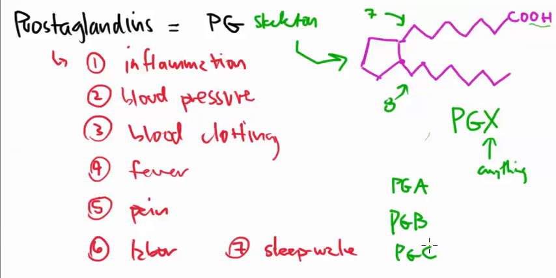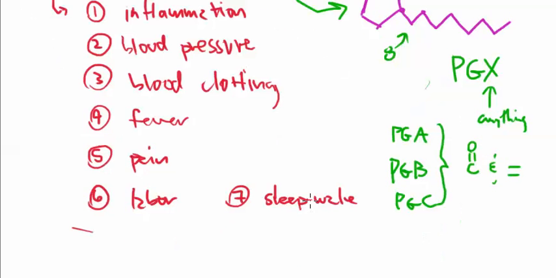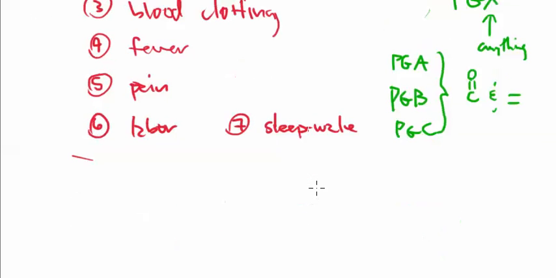And we're going to group these three together because PGA, PGB, and PGC all contain a carbonyl group and a double bond. So I'm going to group all three of these together, and we're going to say this contains a carbonyl and it also contains a double bond as far as the structure goes. Now, where this position's at, that's a different story. So they can be changed, but this is what they have in common: A, B's, and C's.